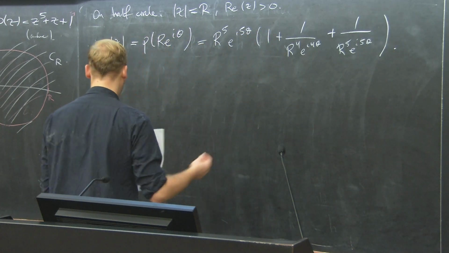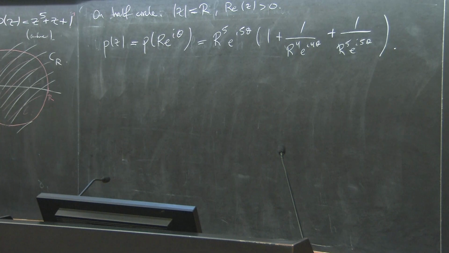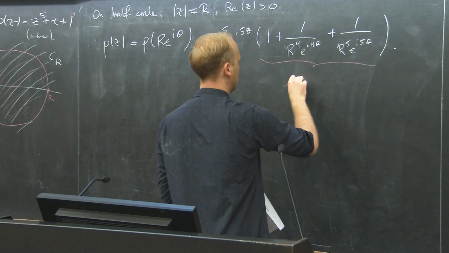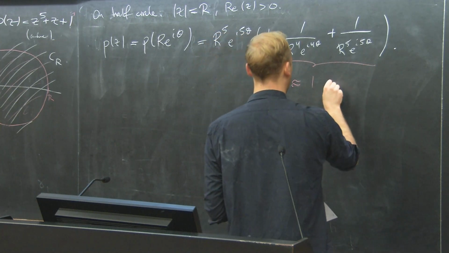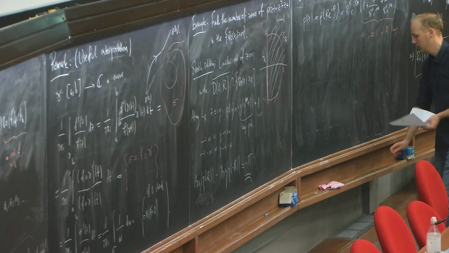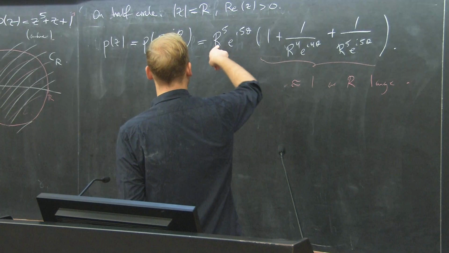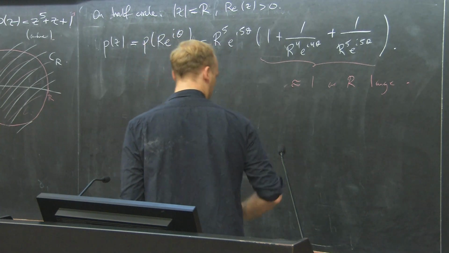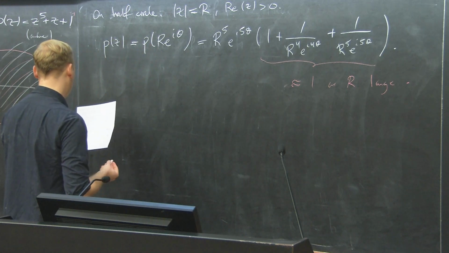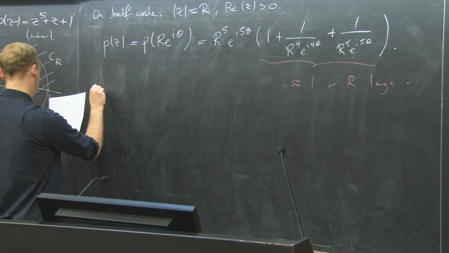Okay, and then the point is that this thing that I wrote within the parentheses, so this is exactly what I said, I just have to tell you that this is approximately 1, as R is very large. And it means that the dominating behavior really comes from this, which will lead to the change of argument.